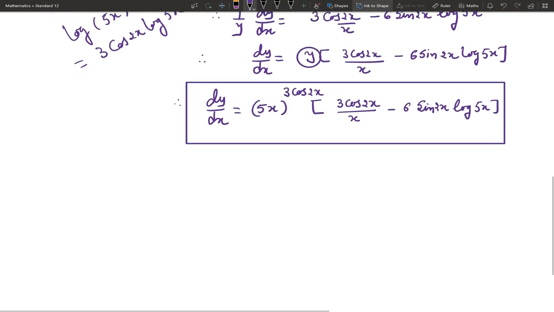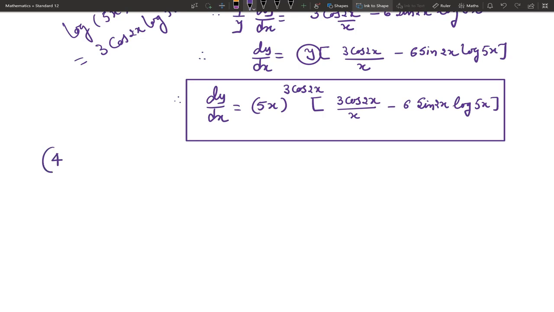Next one, differentiate with respect to x, where condition is given 0 less than or equal to x less than or equal to 1. So for 0 less than or equal to x less than or equal to 1, we have to differentiate sin inverse x into under root x.